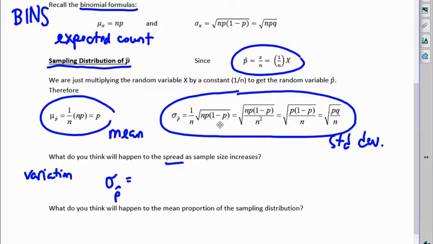So what do we think is going to happen to our spread as our sample size increases? If you look at the formula, as your n gets bigger, you're going to be dividing by a larger number.